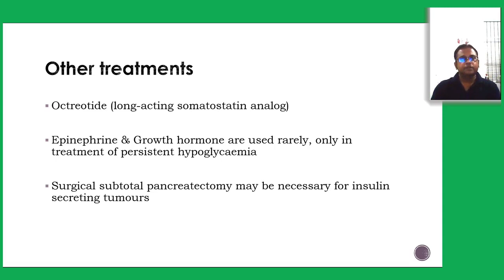For other treatments, octreotide, which is a long-acting somatostatin analog, and epinephrine and growth hormones are used rarely. And sometimes we might have to do a surgical subtotal pancreatectomy, especially if they have an insulin secreting tumor.